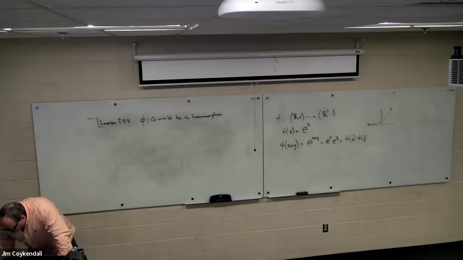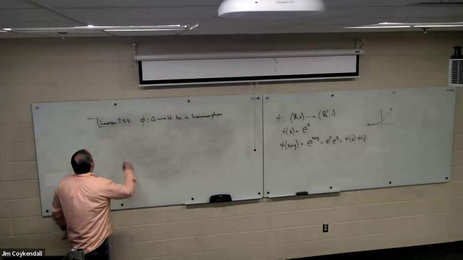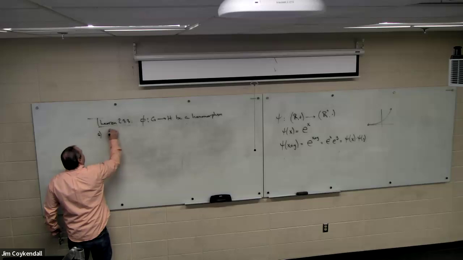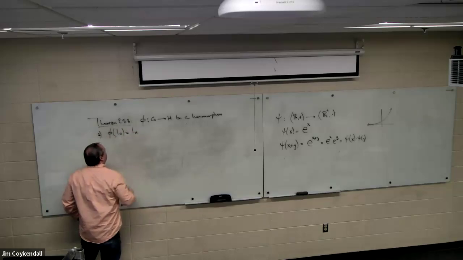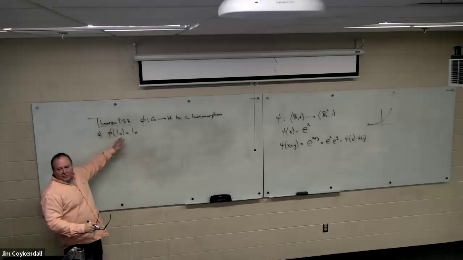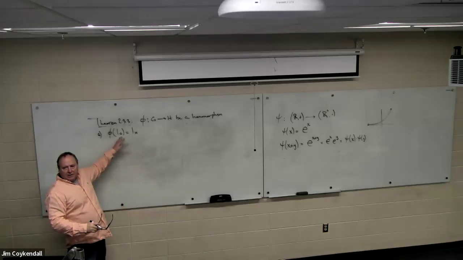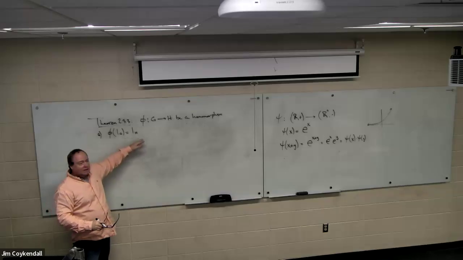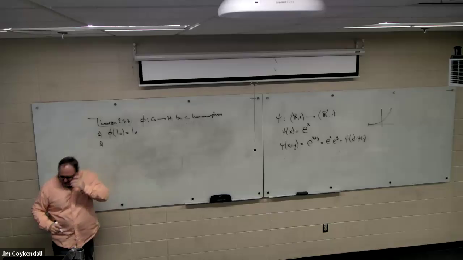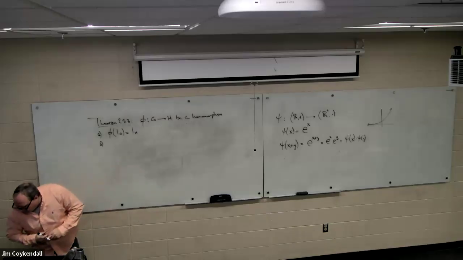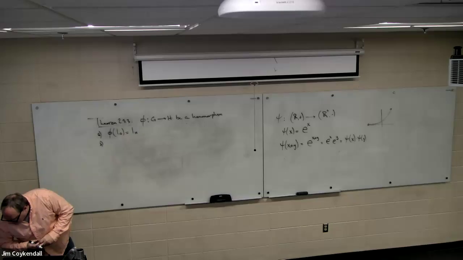Here are some properties. Number A, phi of the identity of G is the identity of H. So this is a big property of homomorphisms. It must take the identity of the group to the identity of the target group. B. And this actually has some interesting consequences, which I will talk about later.